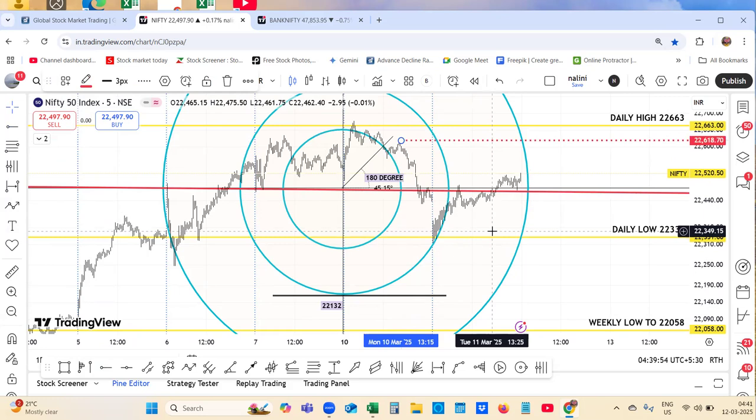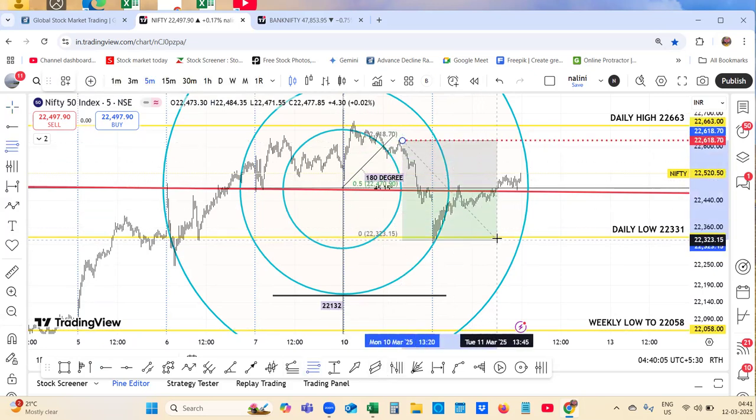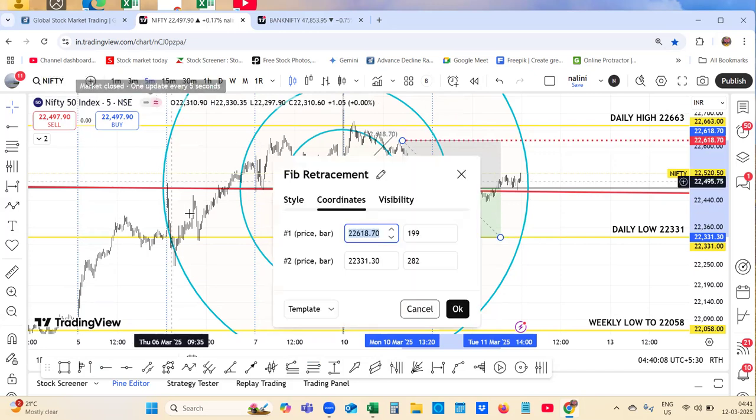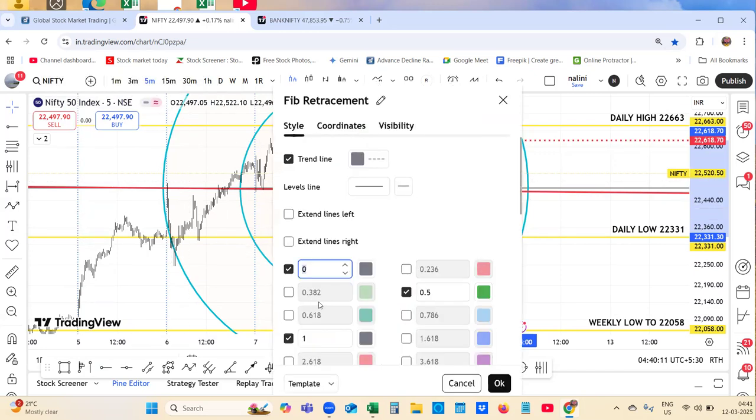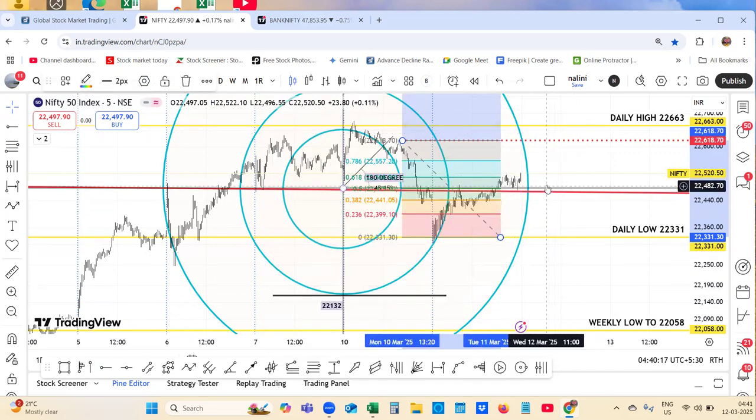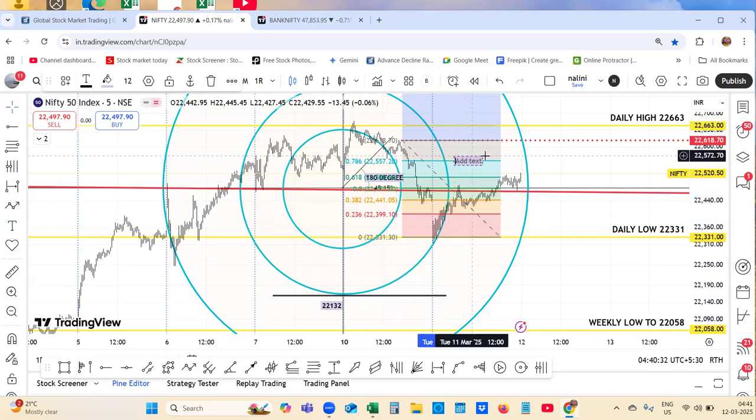The swing, that is 22,000, from 22,618, it had fallen down. Now, if I take the fib tool and see the retracement, the 0.618 and 0.718 is placed around 22,557 to 22,561.